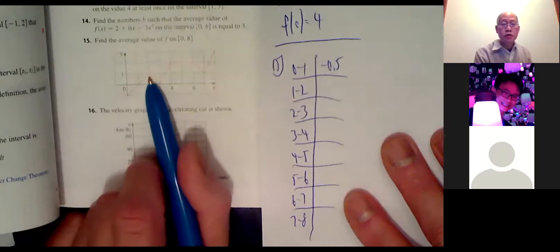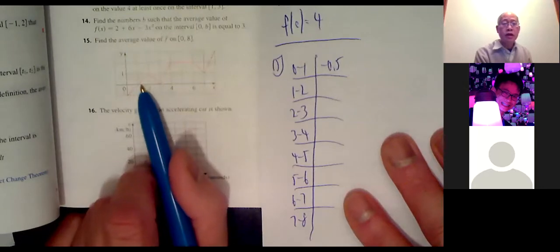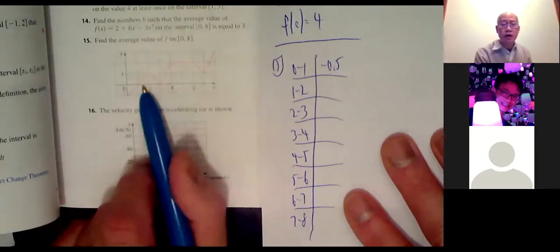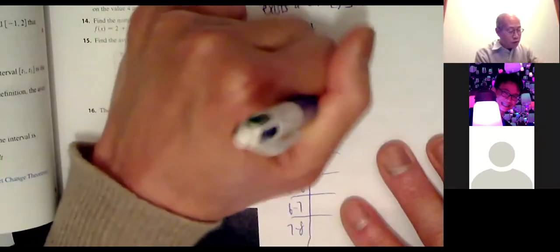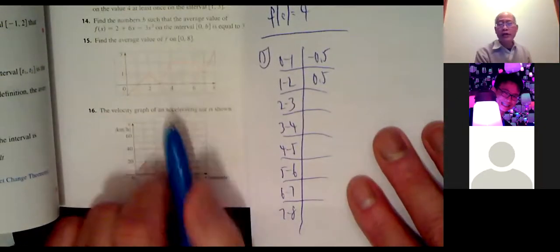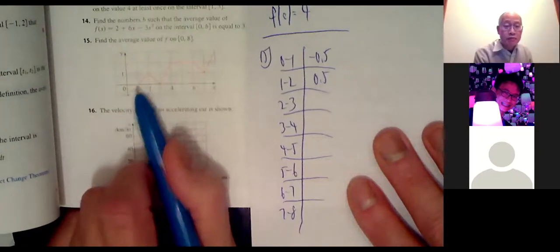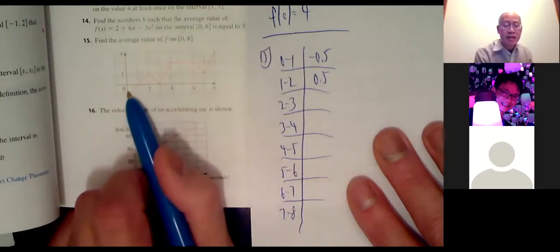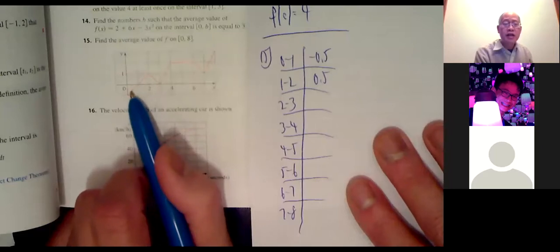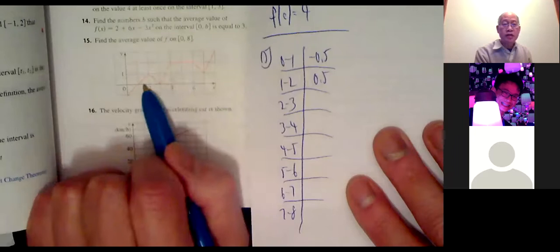Then from 1 to 2, that looks like half a unit above the x-axis. In fact, all the rest are above. So this is a positive 0.5. So right now they cancel out, the answer would be 0, right? This piece bounded by the graph and the x-axis is below the x-axis, so we want the opposite of the area.